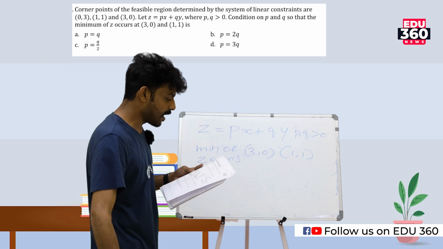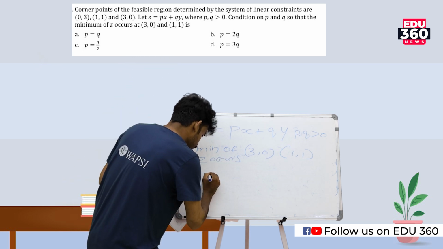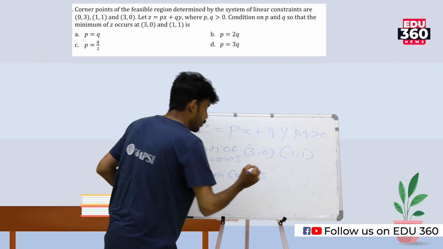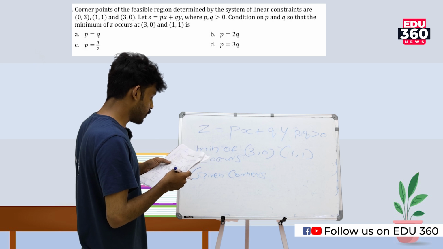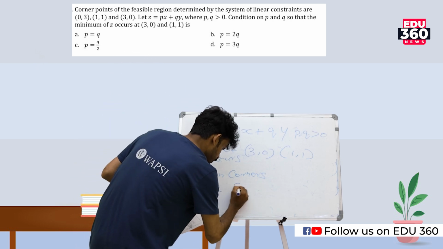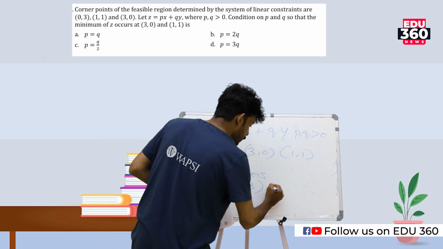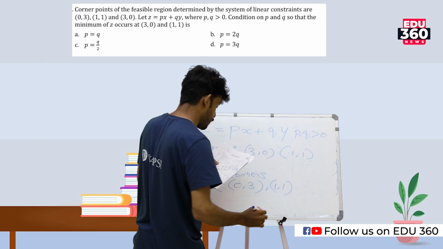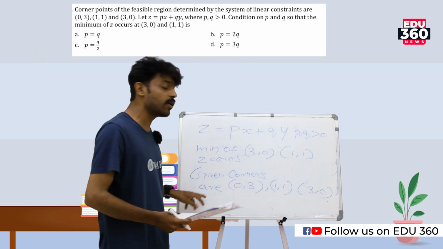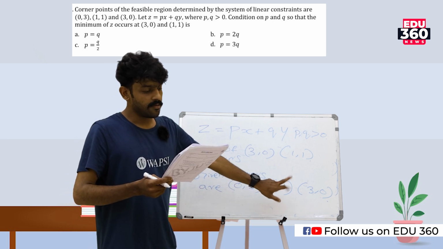First of all, the given corners are (0, 3), (1, 1) and (3, 0).